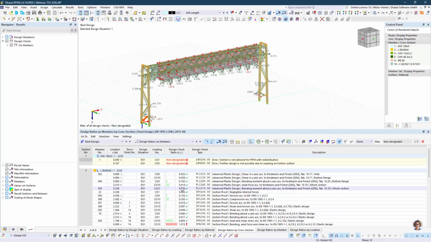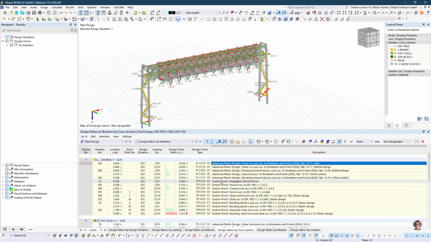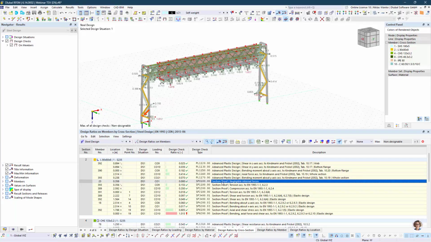The angle profile shows both. It shows the PIFM, so advanced plastic design, on the one hand, but there are also locations where the PIFM could not be performed and instead the section proof according to Eurocode has to be done.